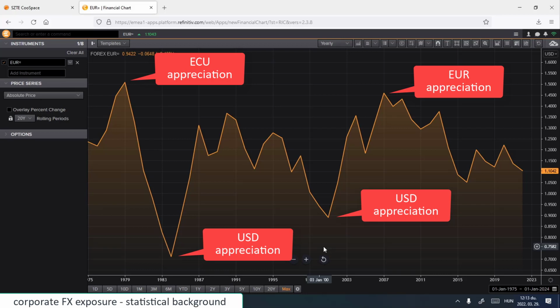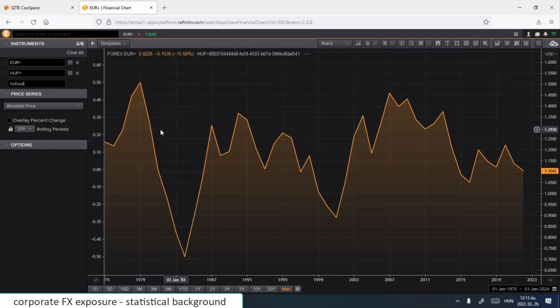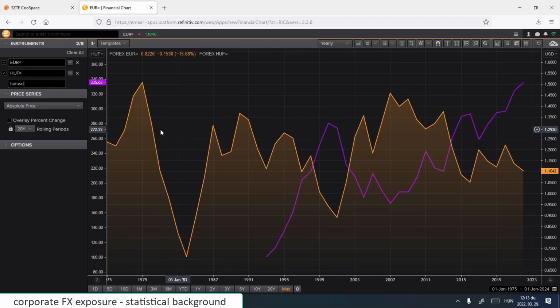So it's not like the Hungarian forint or other emerging currencies where you can find huge volatilities, appreciation, depreciation in the long run. If we add HUF US dollar, we can see some trends here.